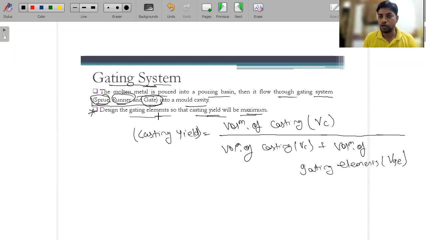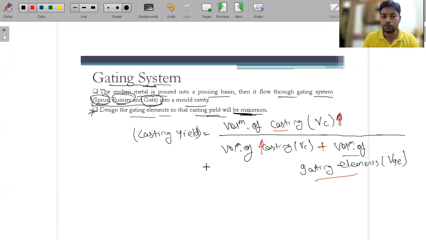Now if I'm talking about the casting yield, it should be maximum. If you increase the volume of the casting or mold cavity, the value in the denominator will also increase, so there will be no change, or if there is a change in the casting yield, it is very minimal. Meaning the percentage ratio will change only a little. The other component present, apart from the volume of the casting, is the volume of the gating elements.